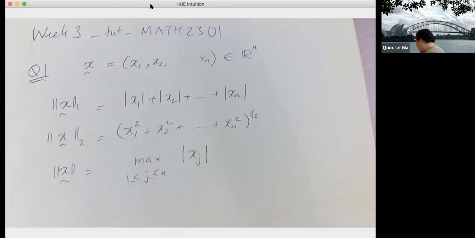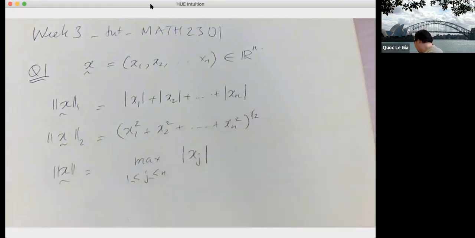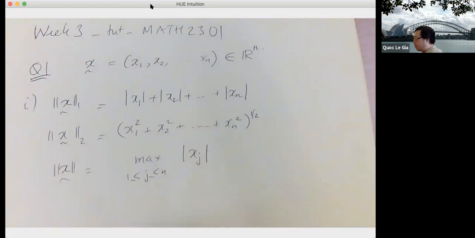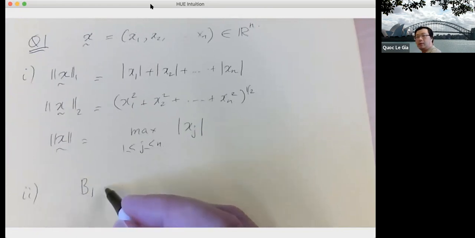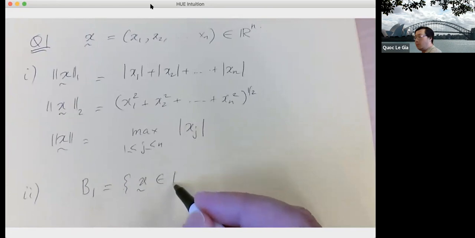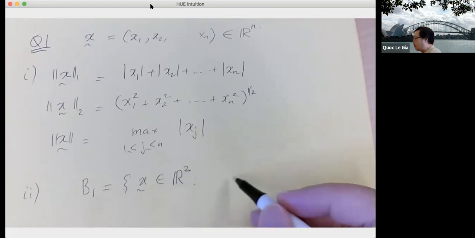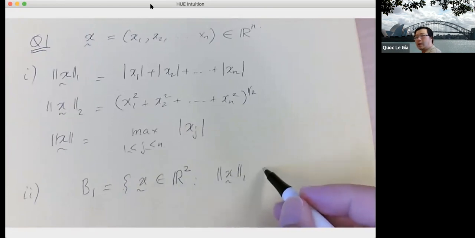Now the next question is to plot the following set. This one is part 1. Part 2 is now you plot, say, B1, which is x in R2, because here we just plot on the plane, so just take n equal 2, and the one norm is less than or equal to 1.